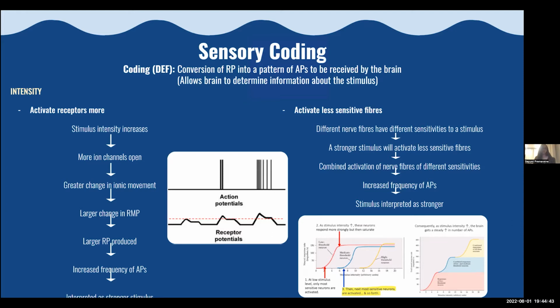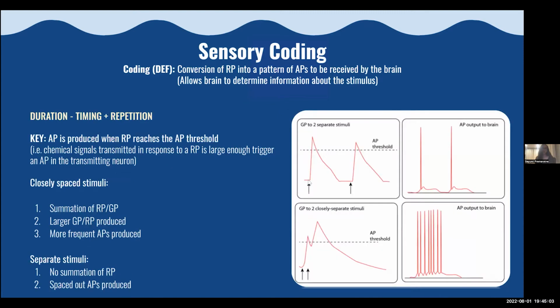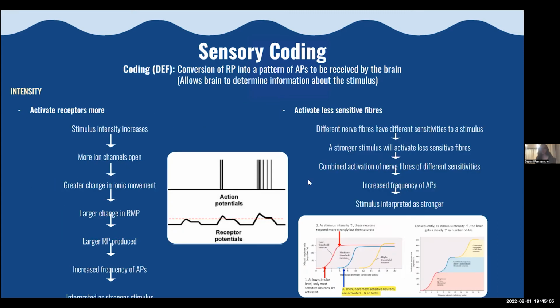And on the right-hand spike, you can see that the receptor potential goes above that line, not only for longer, but to a greater degree. And because it goes above the line to a greater degree, we get a much greater frequency of action potentials being produced.